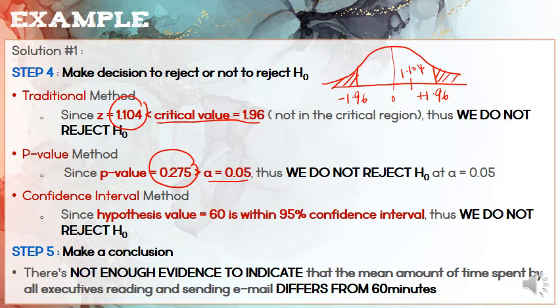If you still remember, H null mu sama dengan 60, H alternative mu tak sama dengan 60. But you dapat you punya CI tadi 57 point something hingga 67 point something. Okay, so kalau you tengok, in between this CI, 60 ada dekat sini.